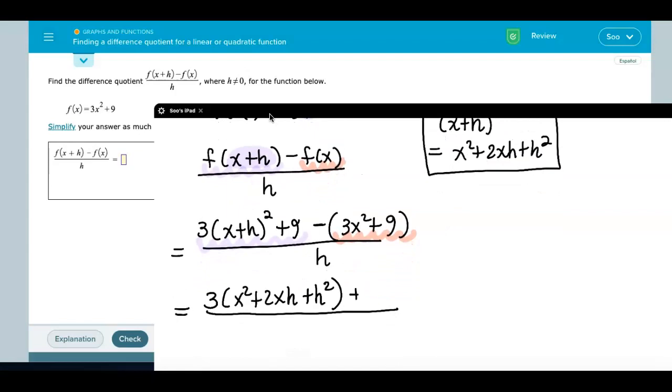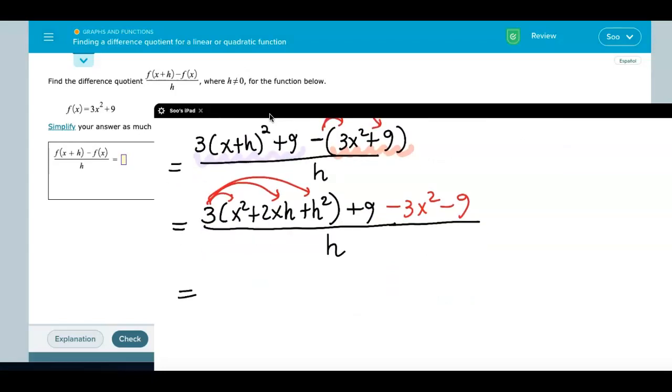So there's plus 9, and I can go ahead and distribute this sign and get negative 3x squared and minus 9 all over what? All over h. This time, let's distribute the 3 into this trinomial. If we do that, that will give us 3x squared plus 6xh plus 3h squared.